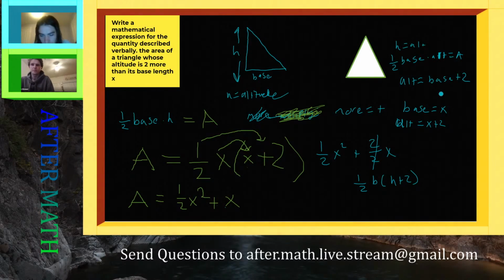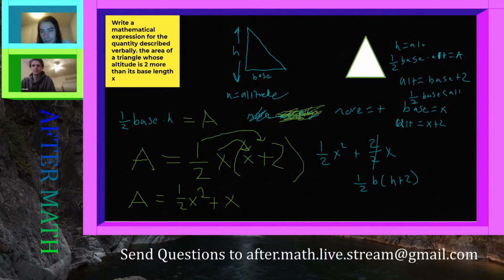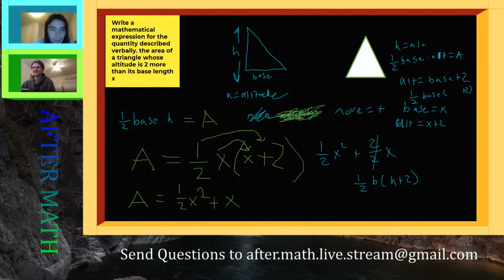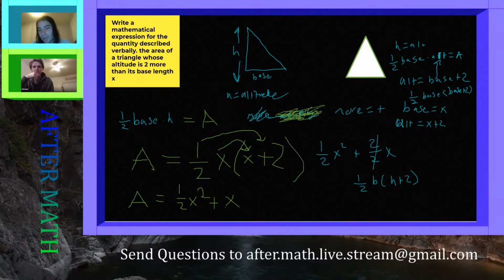So that would be 1/2 base, and then we have base plus 2, sorry, I made a mistake already. What we did here is we plugged in the base plus 2 for where alt is, because the altitude is equal to base plus 2.